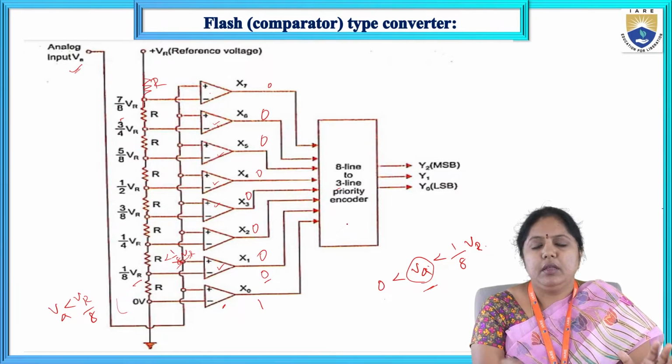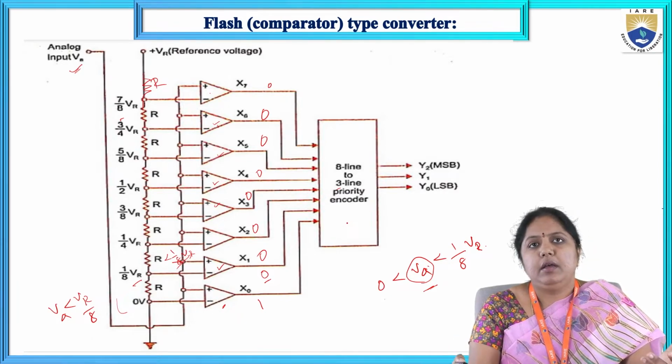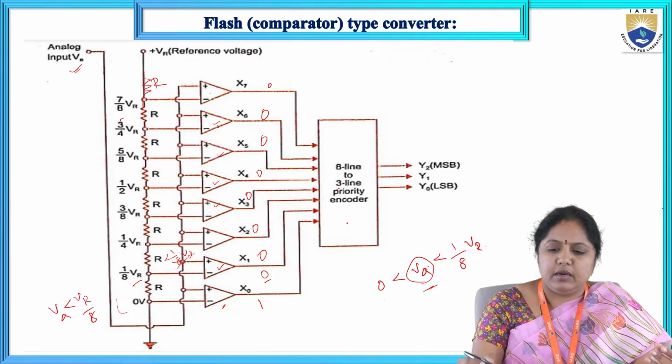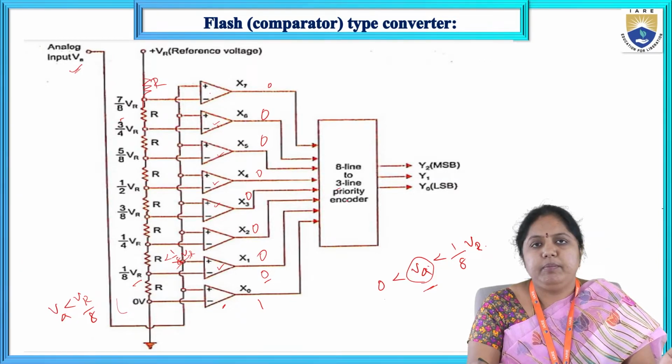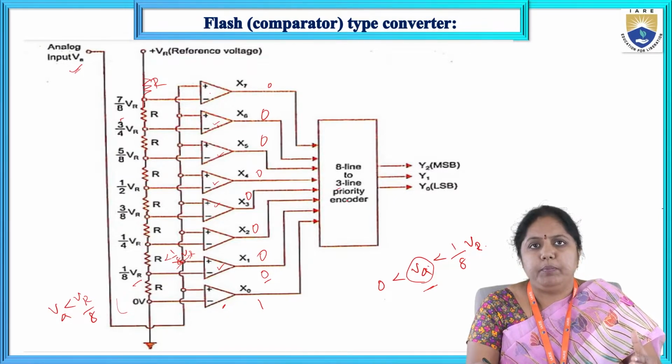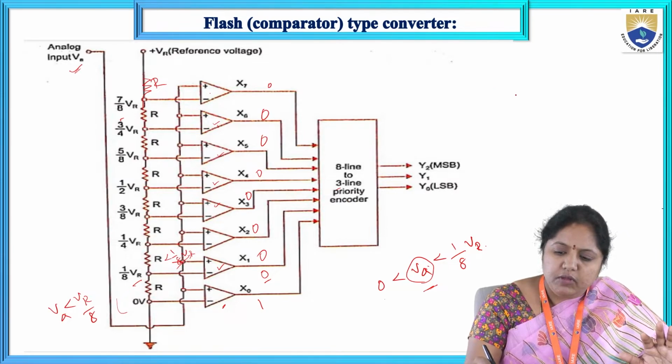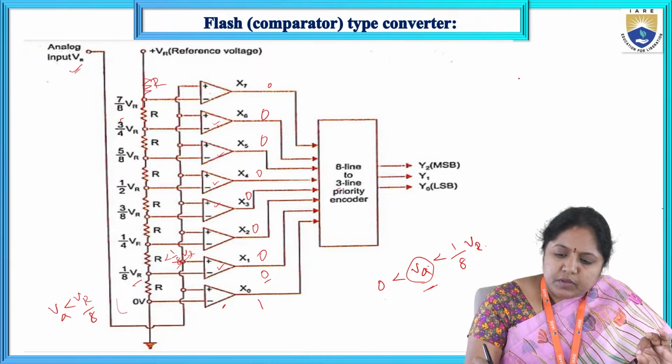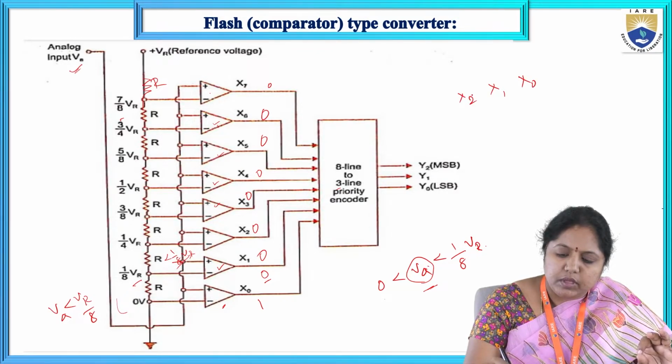Suppose for example, if I take 8x3, it means it has 8 input bits and 3 output bits. That is the priority encoder I am talking about here. So if I take the values X0, X1, X2, X3.